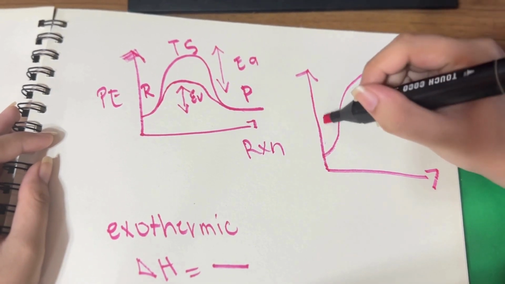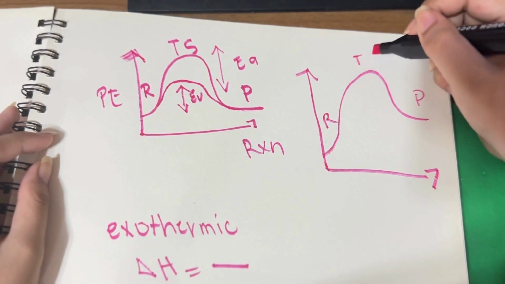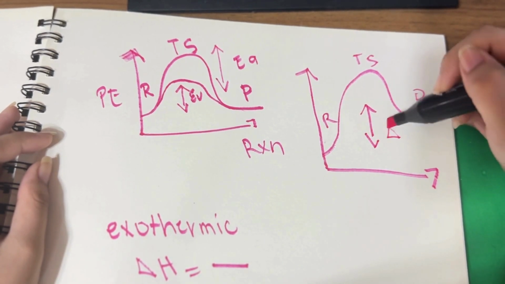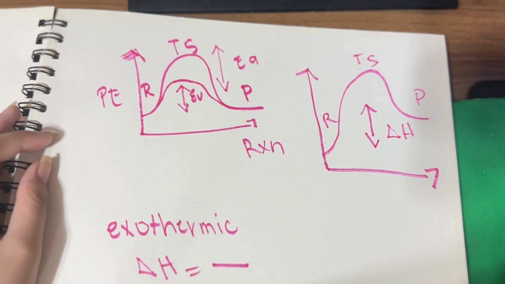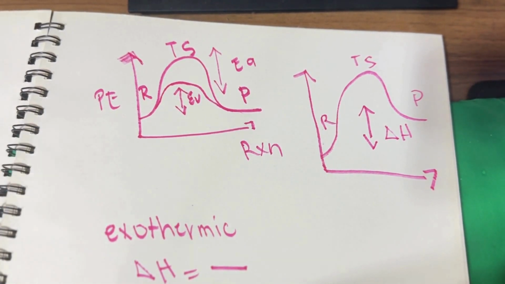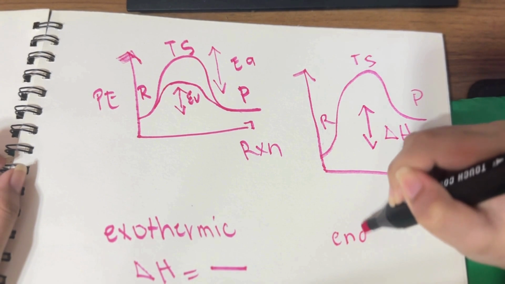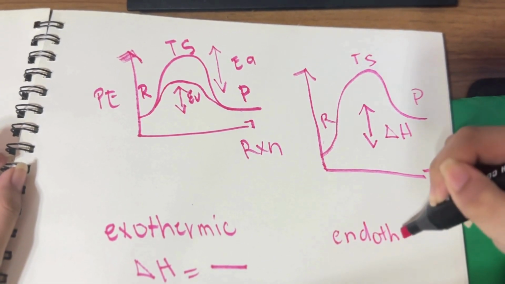Now, we can draw the potential energy diagram for an endothermic reaction. If you wish to draw it for an endothermic reaction, you need to draw the products with a higher energy than the reactants. So the products have to be above the reactants. And now it's endothermic. As you can see, delta H is going to be positive, since delta H is products minus reactants.